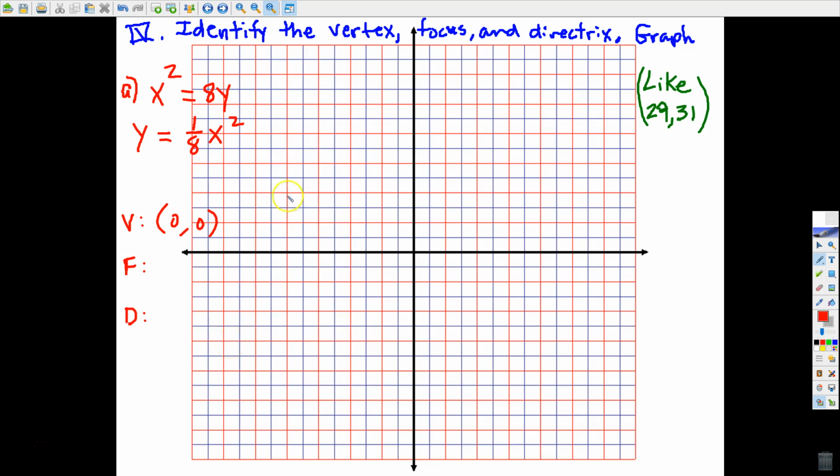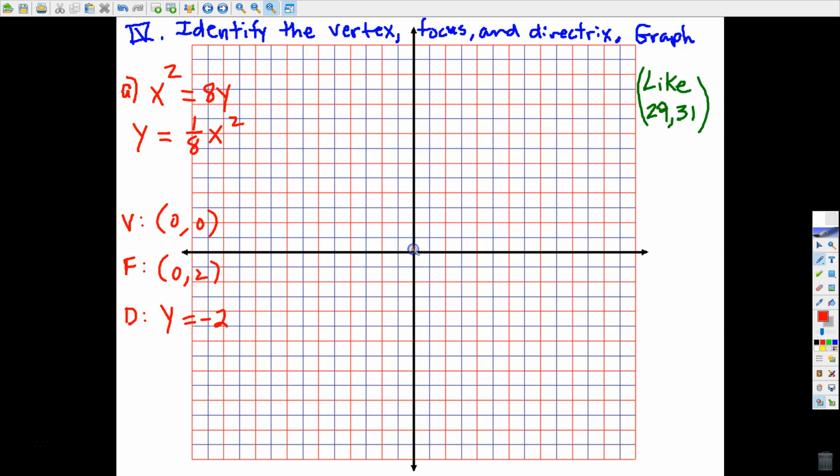I'm going to travel 2 units from the origin in which direction? How does this parabola open? It opens up. So I'm traveling 2 units up, and that puts me at (0, 2). So what's going to be the equation for the directrix? Y equals -2.